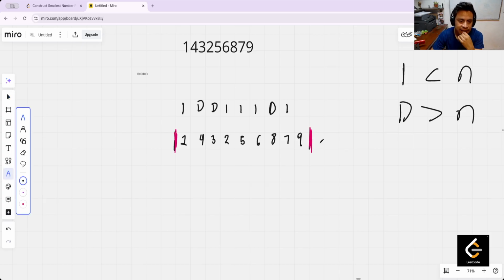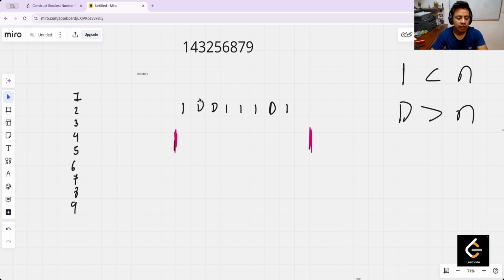Now in this case again, the idea is try to count how many values I have here. Eight again. 1, 2, 3, 4, 5, 6, 7, 8, and 9. And for example, this case is identify.